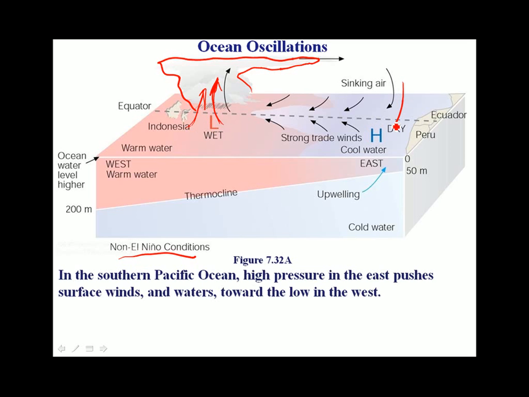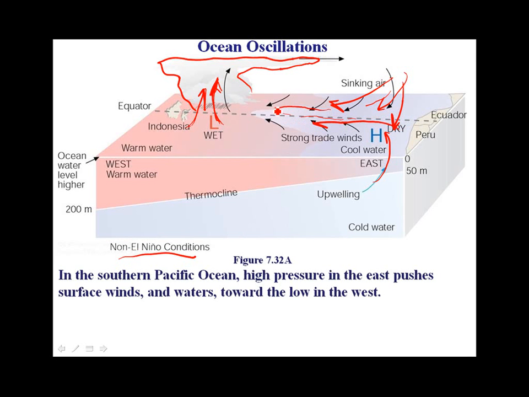Surface high pressure, air sinks, and so we have clear, dry conditions over the eastern Pacific, and we have wet, stormy conditions over the western Pacific. This is in a normal type of situation. Now, notice again we have these winds flowing around high pressure, and typically the water begins to move from east to west.